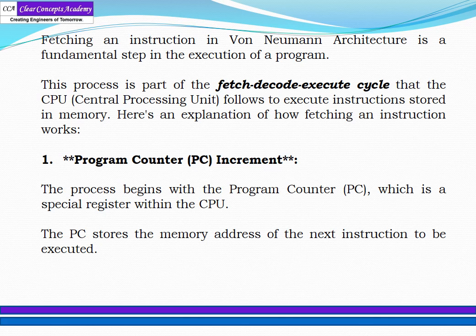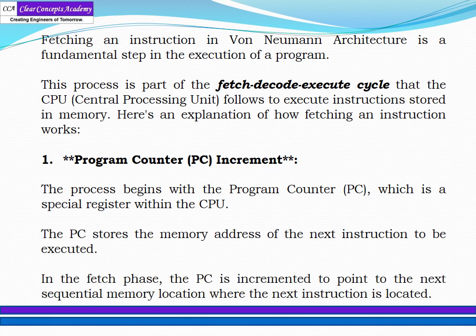The PC stores the memory address of the next instruction to be executed. In the fetch phase, the program counter is incremented to point to the next sequential memory location where the next instruction is located.